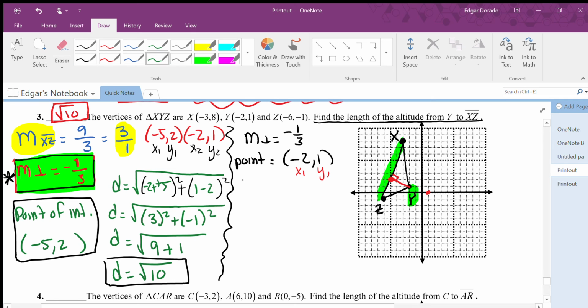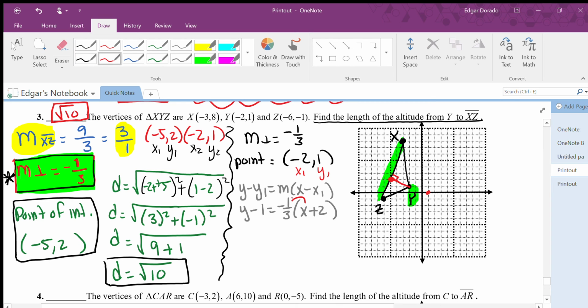Let me go ahead and use a different color. So it's y minus y1 equals m times x minus x1. This is going to be y minus 1 equals m times x minus a negative 2. Whoops, my bad. My slope is negative 1/3. Sorry about that. And then it's x minus a negative 2, which is really just going to be plus 2.